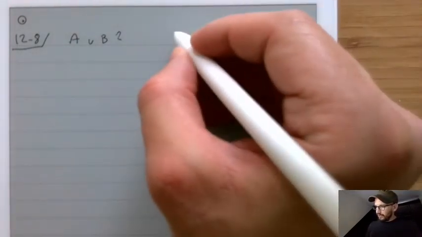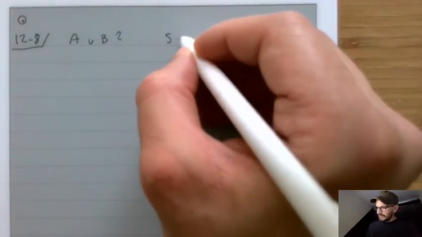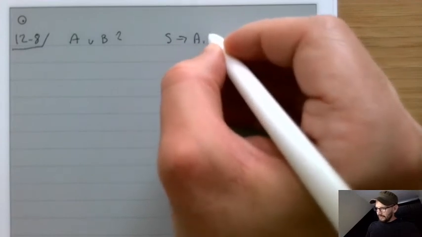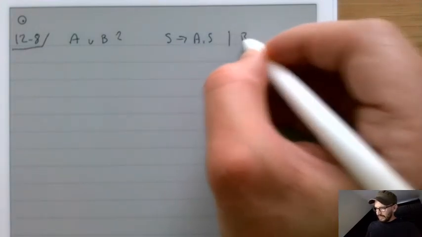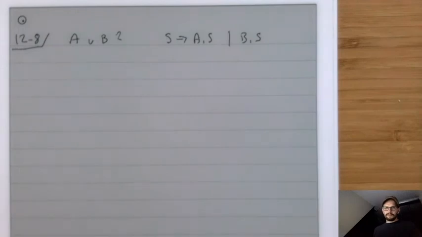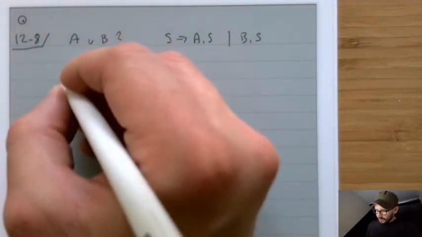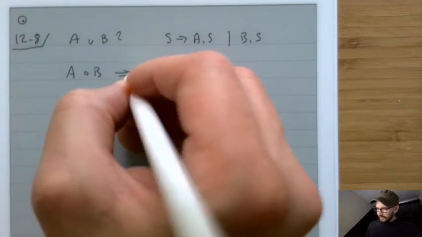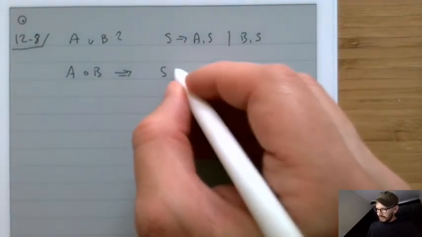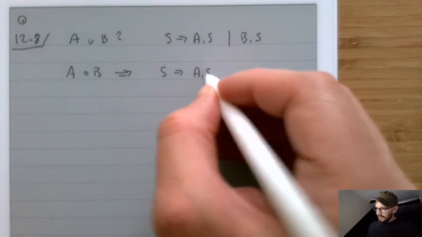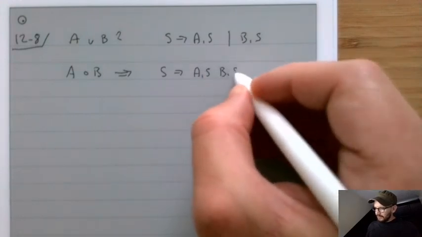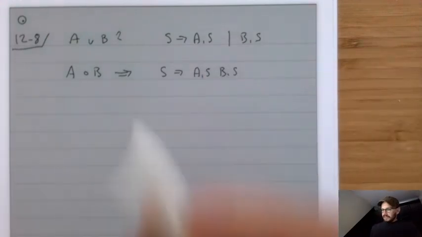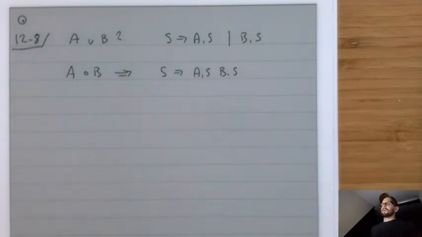What we do is we create a new context-free grammar where S either goes to A's start state or B's start state. What about concatenation? Well, that's easy too. Our new start state S is going to go to A.S B.S. The idea here is that we'll have to generate an A and then generate a B.